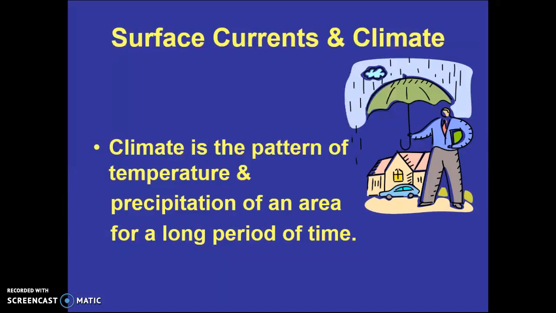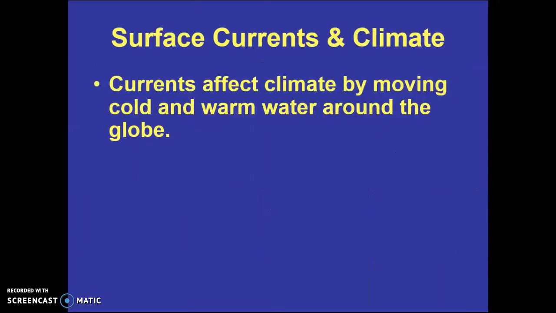And as I mentioned a few minutes ago, currents are related to the climate that we have. Climate, of course, is the pattern of temperature and precipitation in an area, essentially the pattern of weather over a long period of time. As currents move near land, they affect the temperature of the air above that water, and that therefore affects the temperature of the land that's nearby.